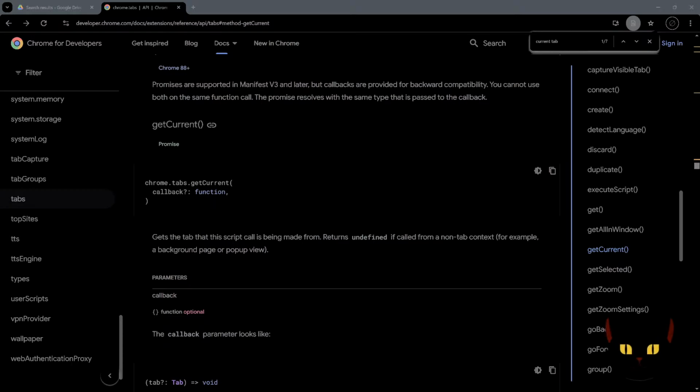Current tab, according to this cookbook recipe, is different from the tab the script is being called in.